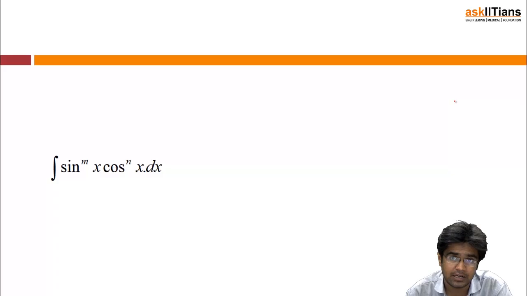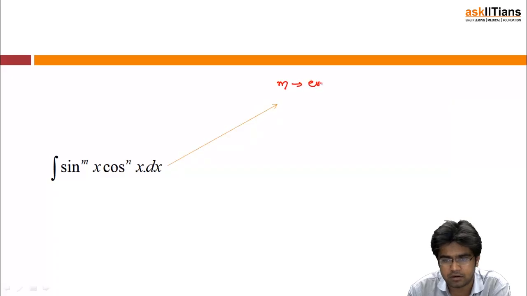Let's look at when it's not a multiple angle, but a power raised to. When sin x is raised to m and cos x raised to n, there are a few different cases. The first case is when m is even and n is odd.